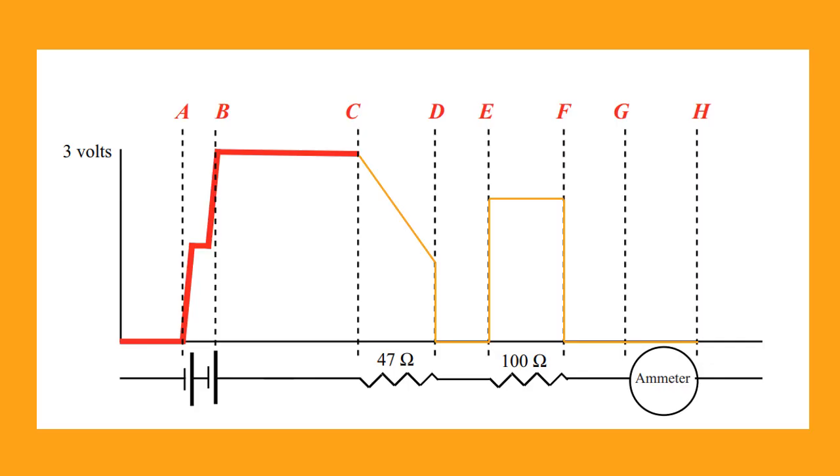And so here we have a graph showing the voltage and how it's changing from each section of the circuit as the current is moving through and passing through these resistors and ammeter areas.